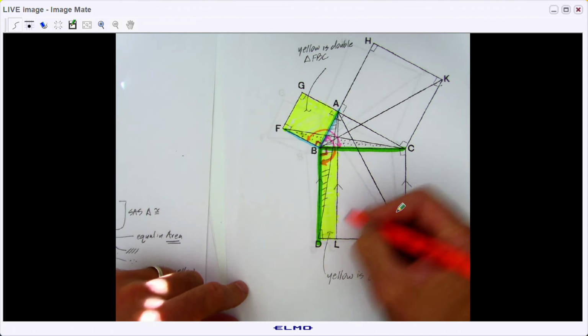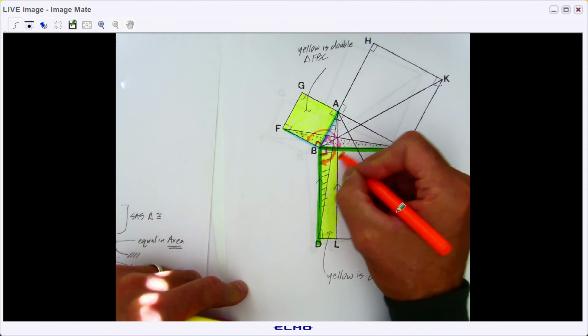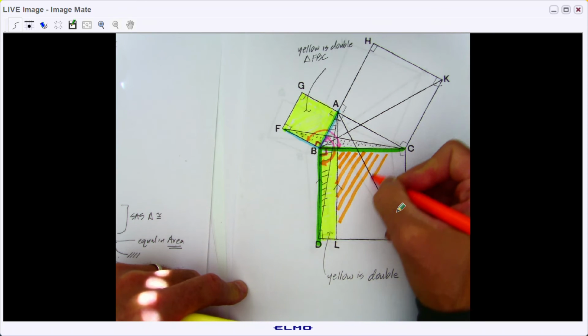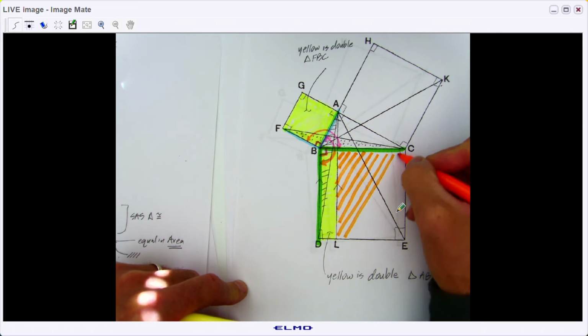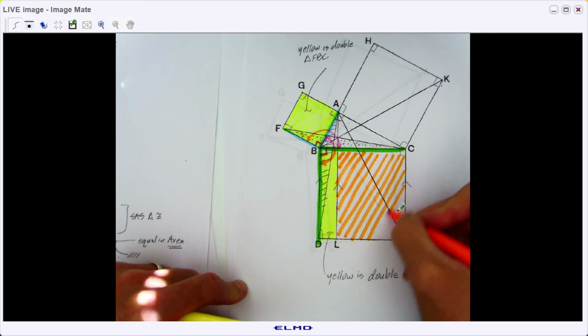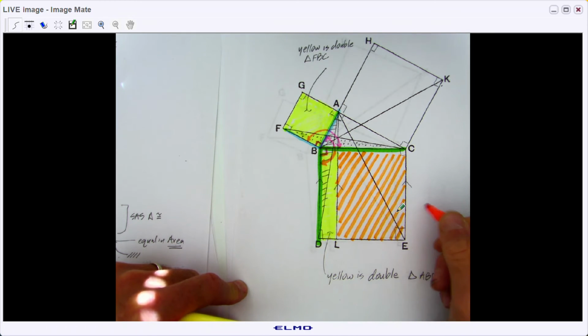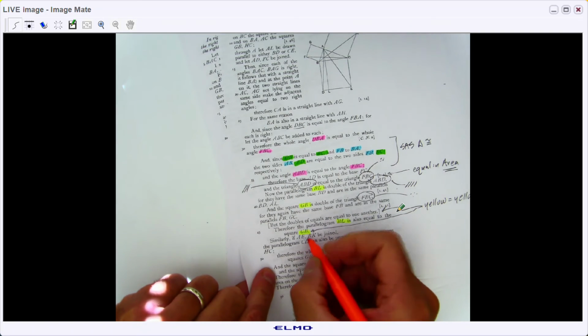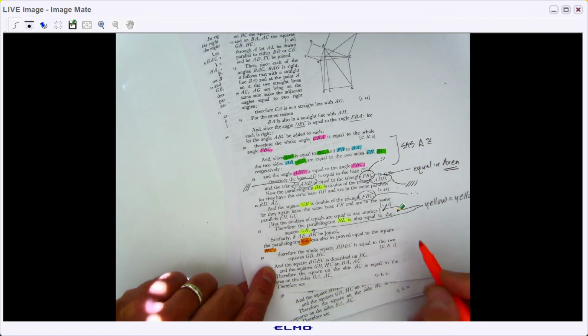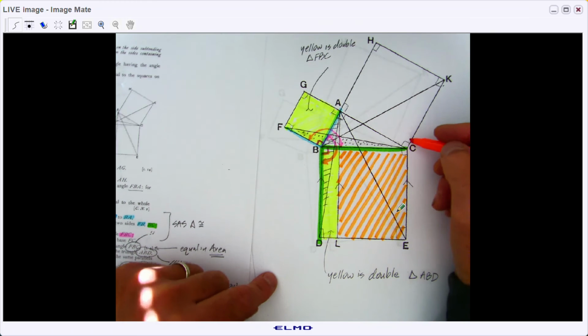Parallelogram CL is this one. It can also be proved to be equal to the square HC. The square HC is this one.